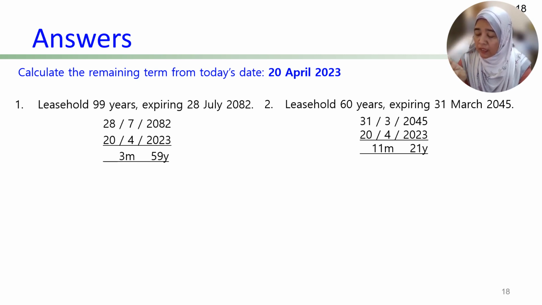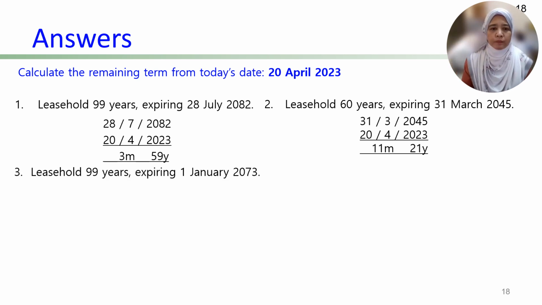The 1 year, the 12 months, you must add to 3. So you have 3 plus 12, which is 15, minus 4 months, you have 11 months unexpired. Okay, but the year, since you have 2044, satu tu dah bagi pinjam, you have borrowed from the month before, so you now have 2044. 44 minus 23 is 21 years. Again, be careful when you deduct for the month, because 1 year has 12 months, bukan 10. Ramai orang buat kesalahan di situ.